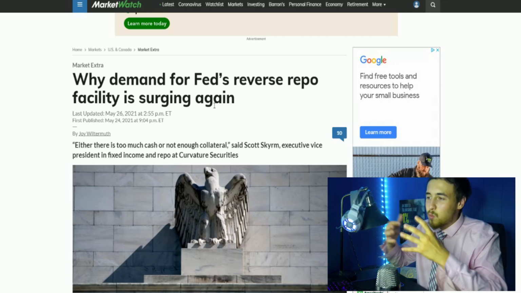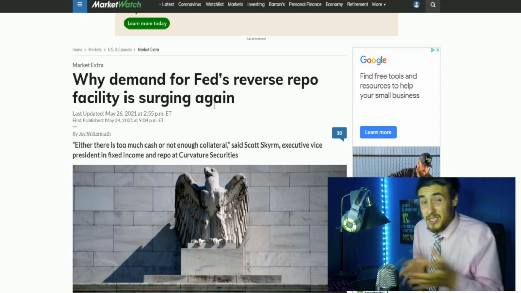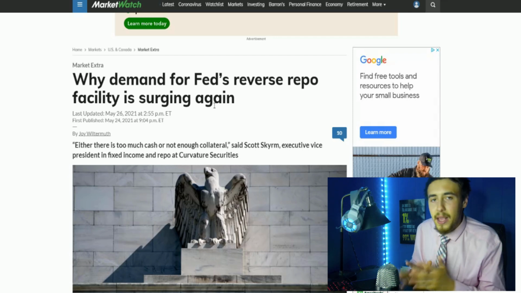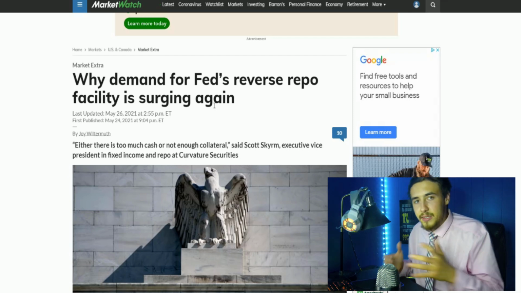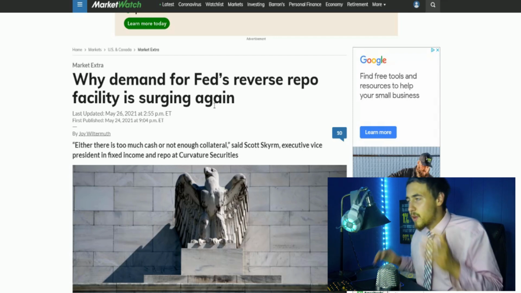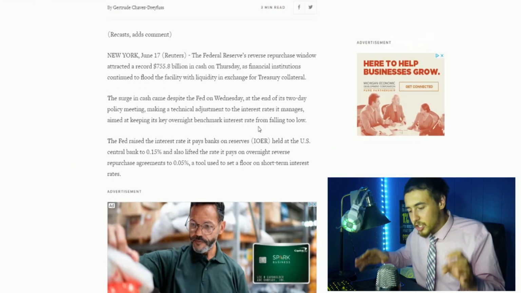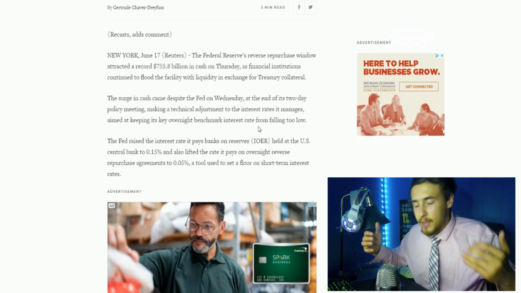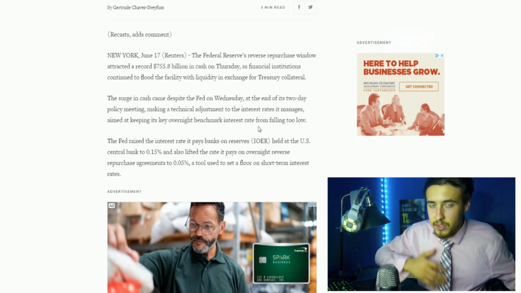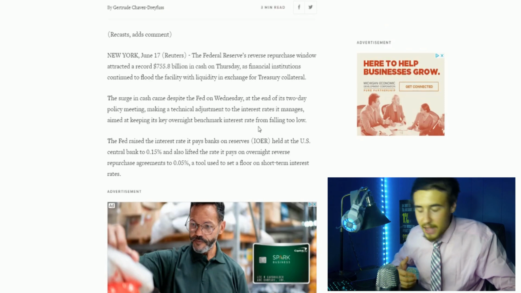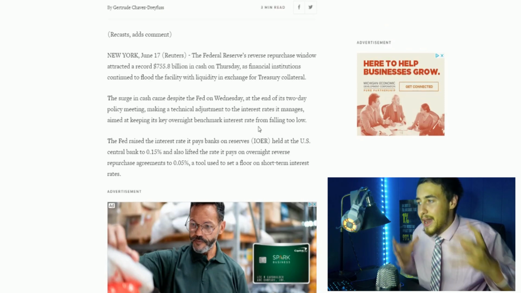So that is why we are seeing this going on with the reverse repos, but there might be another reason why this is going on, and this is very key that nobody is talking about. The Fed actually just raised the interest rate that they're paying on their excess reserves. With all these treasury bonds going out, they just set this number at a higher rate.